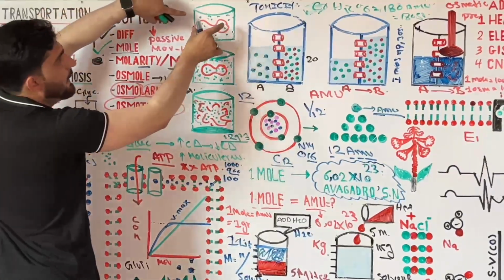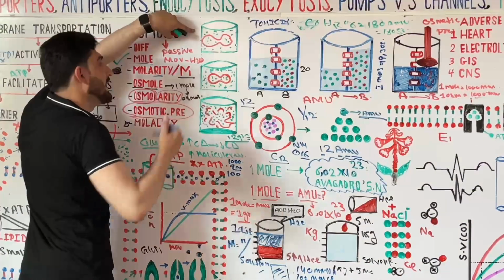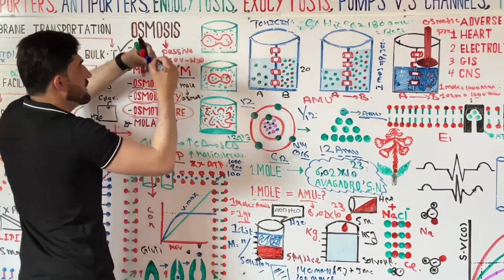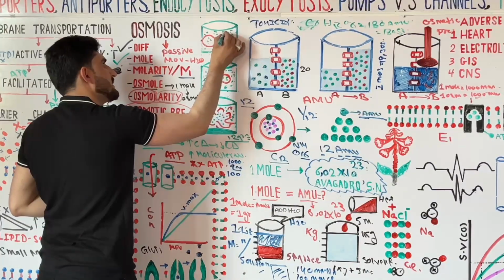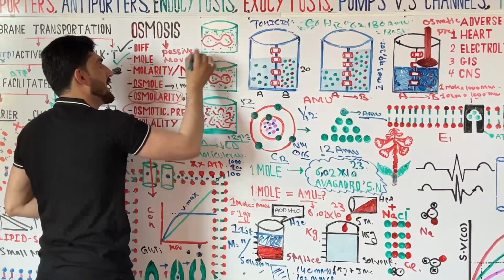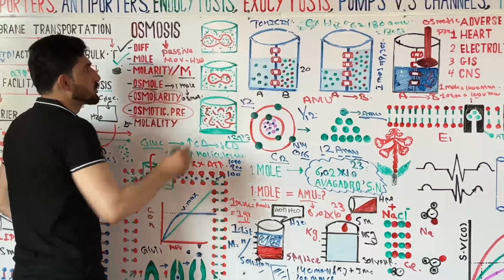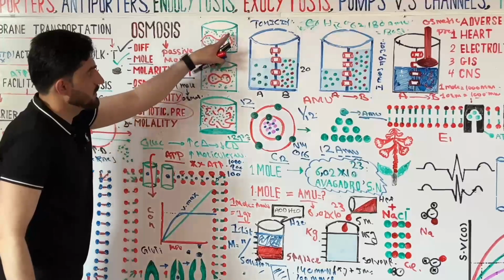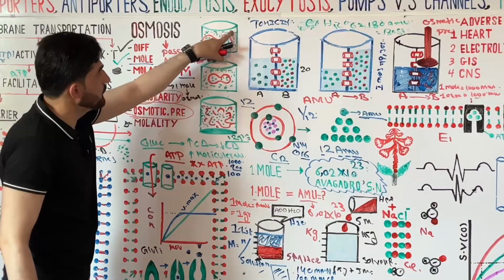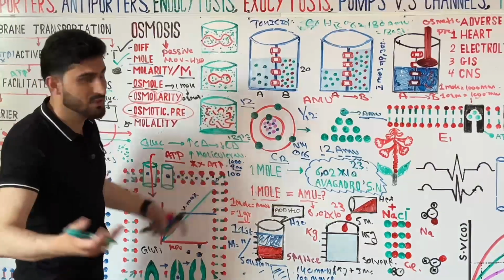If I put this RBC in a type of solution in which the amount of solutes in the extracellular area and in the intracellular area is equal, water doesn't move from the inside of the cell to the outside, or from the outside to the inside of the cell by osmosis.